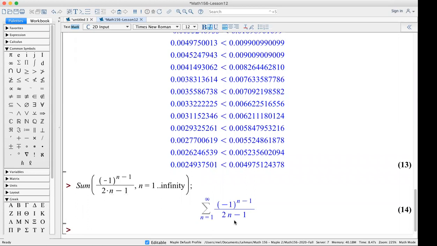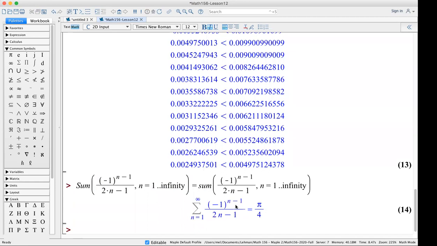So this is the alternating sum of the reciprocals of the odd numbers. And what is that equal to? Wow, now that's amazing. So this infinite series converges to pi over 4. That really is quite remarkable.